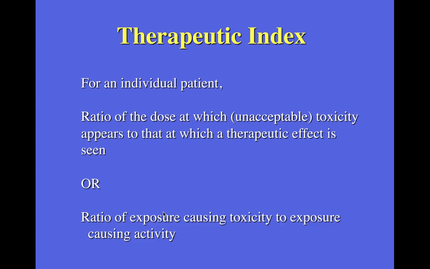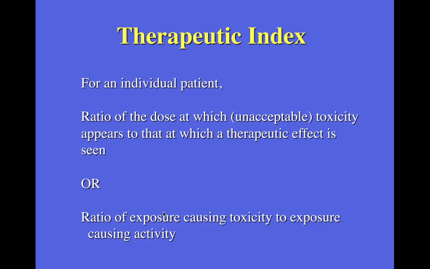Next concept that it's important to think about whenever you're thinking about the way drugs are handled is this thing called the therapeutic index. And I'm sorry if I'm going over stuff that you learnt in medical school, but the number of doctors that I come across who can't really work out what I'm talking about when we talk about things like therapeutic index is quite high. For an individual patient, you could describe it as, for example, the ratio of a dose which gives you an unacceptable toxicity, or at least at which it appears, to that at which a therapeutic effect is seen.